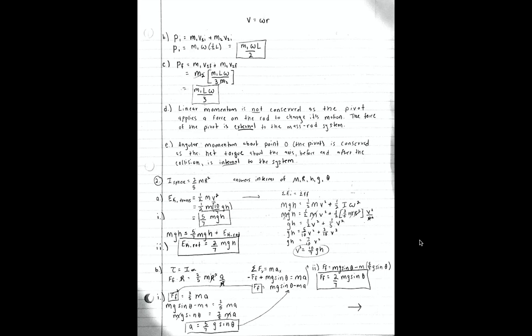In the x direction, if we flip the axis, since on an incline sine is the component that slides, we have negative force of friction, which will oppose the linear motion, plus the x component of the force of gravity, which is mg times the sine of theta, equals m times a. We manipulate that and solve for the force of friction. We find that the force of friction is equal to m times g times the sine of theta minus m times a.